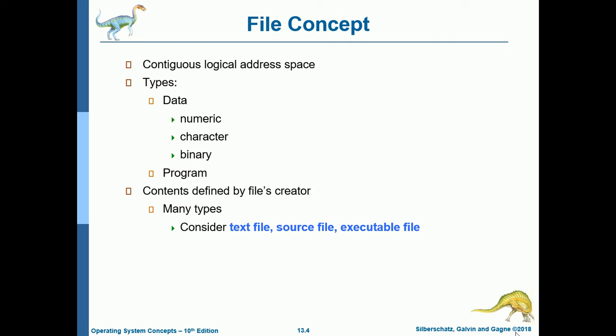And files, of course, have many types. So this is an example: consider a text file, a source file, an executable file. Later on in this slide presentation, there is a table of the general classifications of file types.